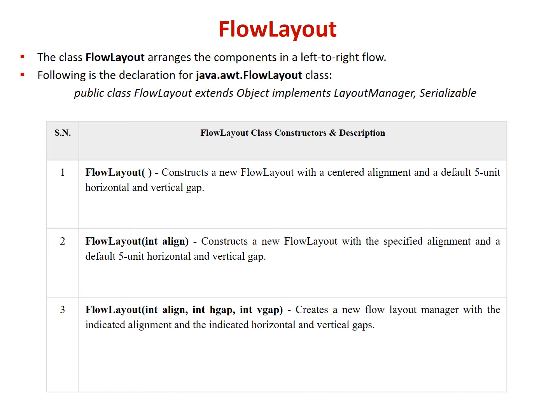Then one more constructor, FlowLayout with 3 integer parameters. The first one is alignment, the second one is hgap, and the third one is vgap. This will create a new flow layout manager with the indicated alignment and the indicated horizontal and vertical gap.